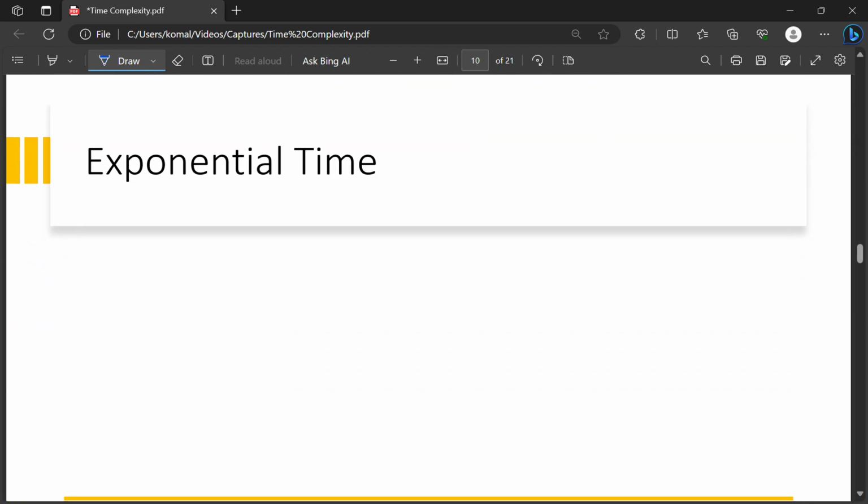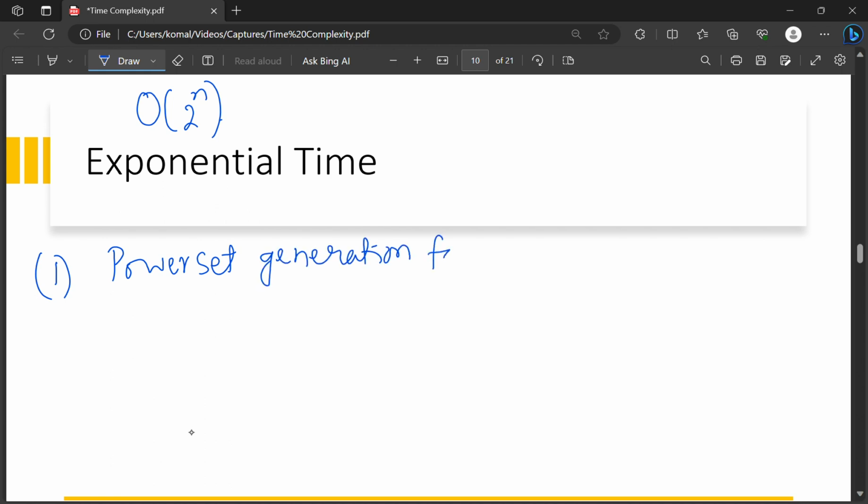Next one, exponential time complexity. Exponential time complexity is big O of 2 power n. So this is quite a dangerous time complexity. The big O of 2 power n time complexity can arise in cases like generating subsets or power set generation for a given set.